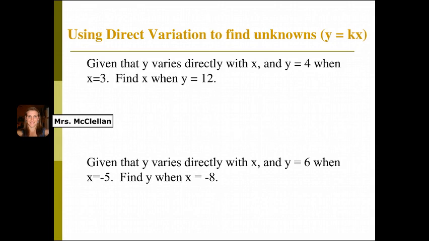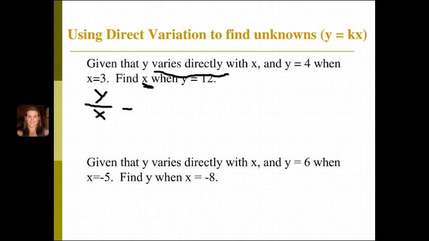Okay, here are two more examples using direct variation. Given that y varies directly with x and y equals 4 when x equals 3, find x when y equals 12. So we are going to once again use the shortcut and do y over x equals y over x. So it will be 4 over 3 equals 12 over x, because I do not know what x is.